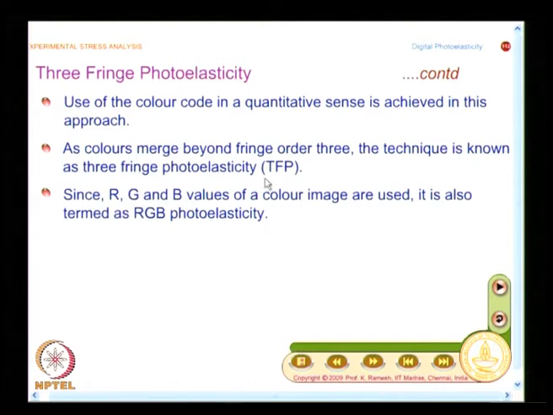We abbreviate this as TFP, and you also have another name for it, because I use the R, G and B values of a color image. It is also termed RGB photoelasticity. So, essentially you use the RGB values to identify the fringe orders in a quantitative sense.